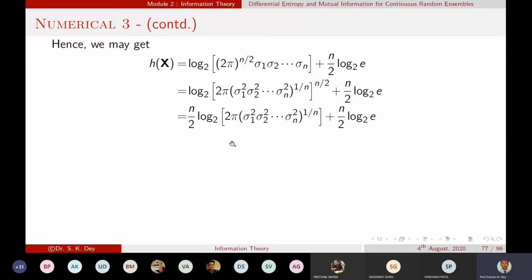Now if we take n by 2 common from these two terms and merge them into a single term, using log of x plus log of y, what will we get? We will get n by 2 log 2 pi e sigma 1 square sigma 2 square up to sigma n square whole to the power 1 by n. This is the term.